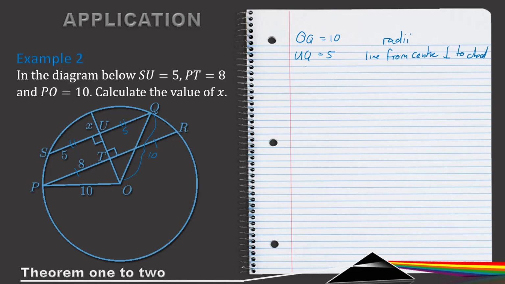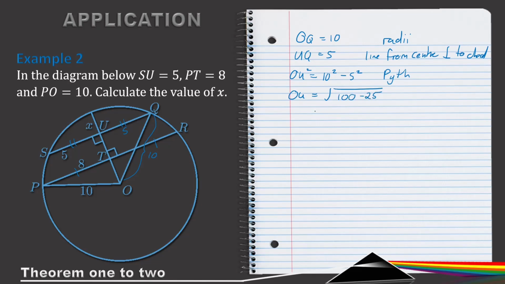Okay, now to find OU squared is the hypotenuse squared, 10 squared, minus this side, 5 squared. So that's Pythagoras. And then OU is the square root of 100 minus 25.